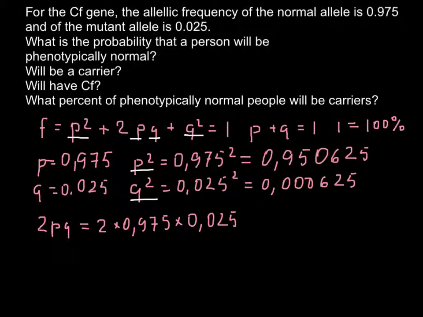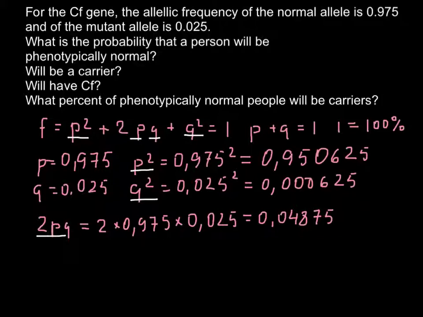We just have to multiply p by q and multiply by 2. And the answer here would be that the frequency of the heterozygous would be 0.04875.